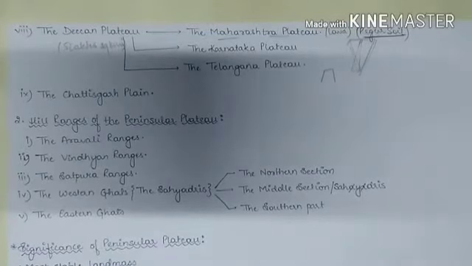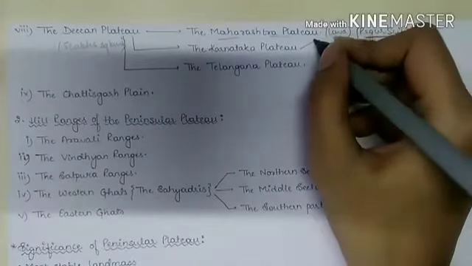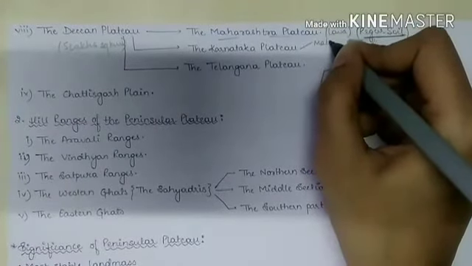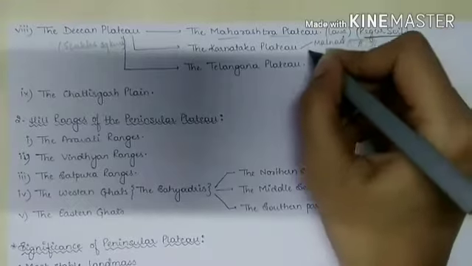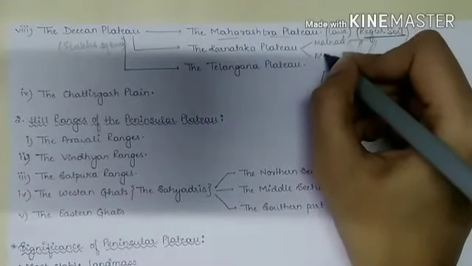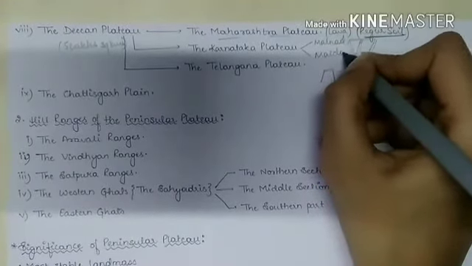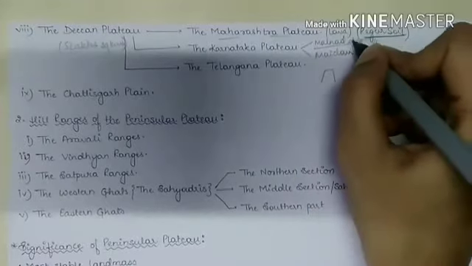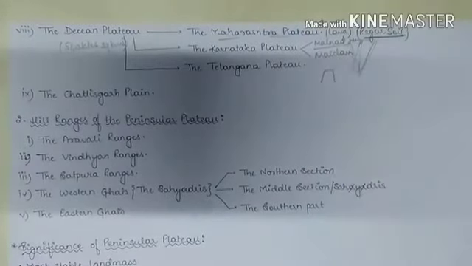So it is divided into Malnad and Maidan. Malnad is a hilly region with thick forest, while Maidan, on the other hand, is a rolling plain with low granite hills.